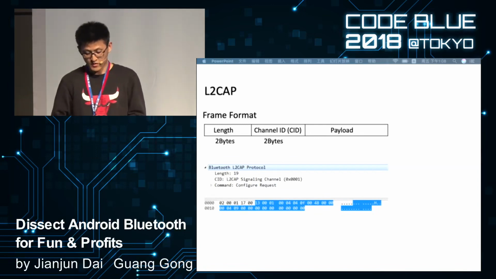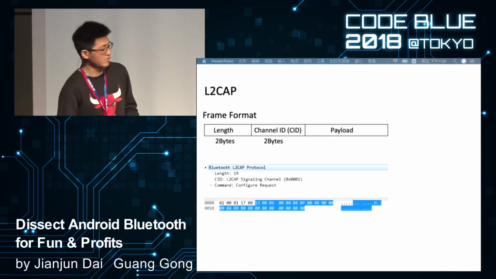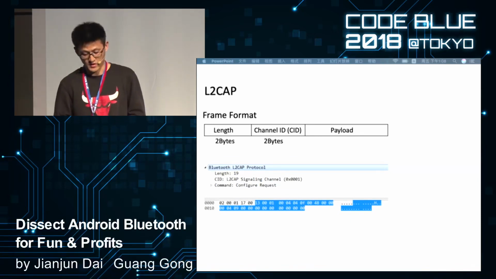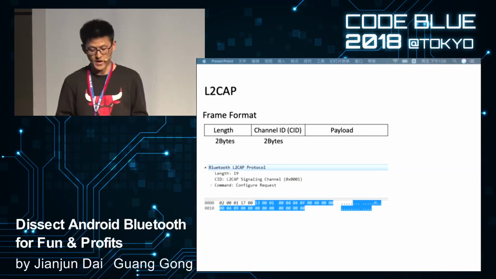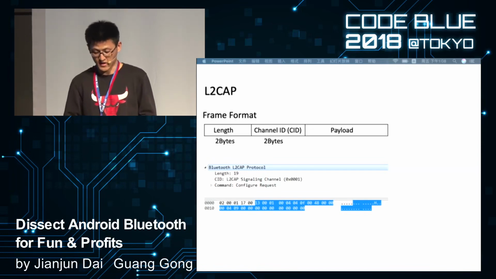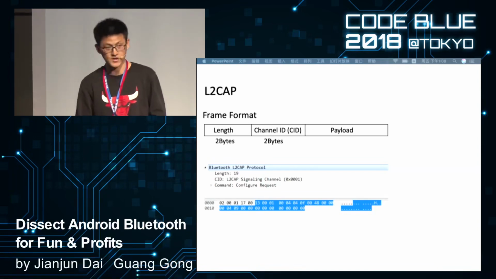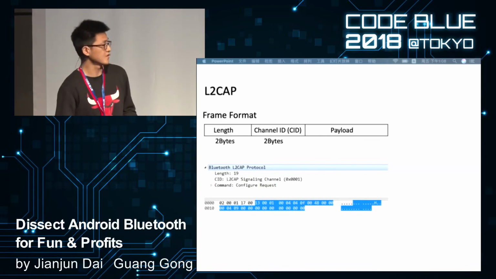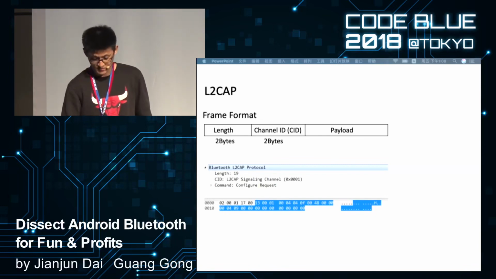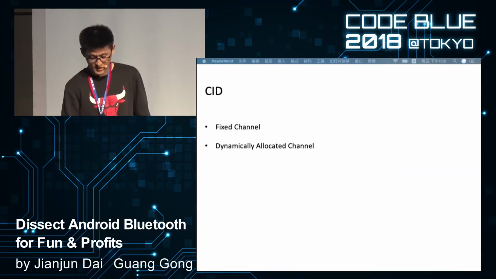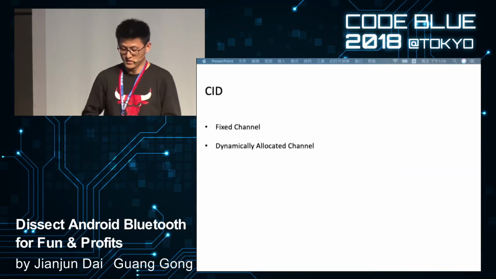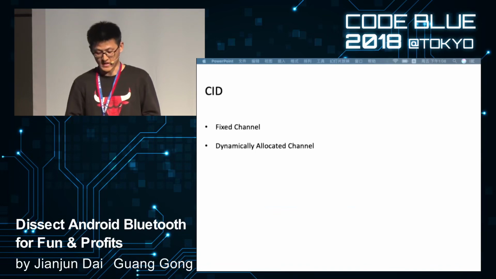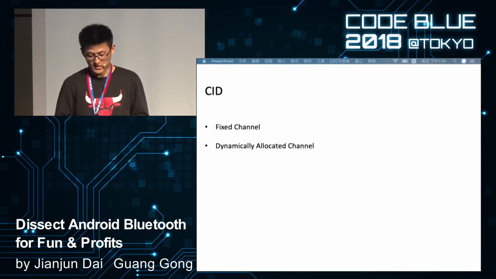The frame format of L2CAP is very simple. Its header is 4 bytes: a 2 byte length field and a 2 byte channel ID field. The payload is based on its CID. CID has 2 forms: fixed CID and dynamically allocated CID.